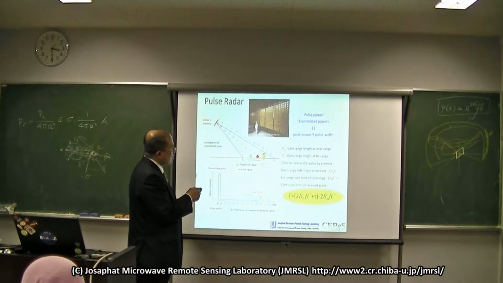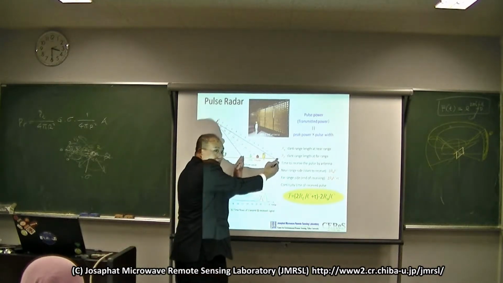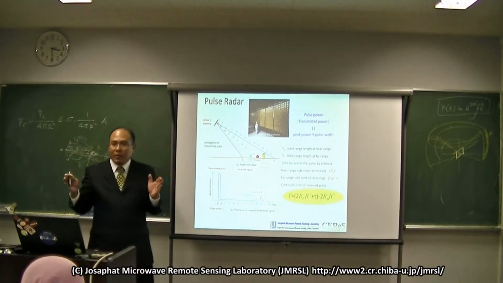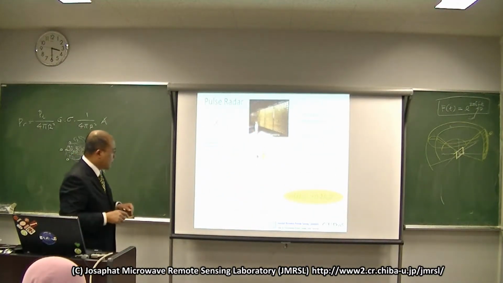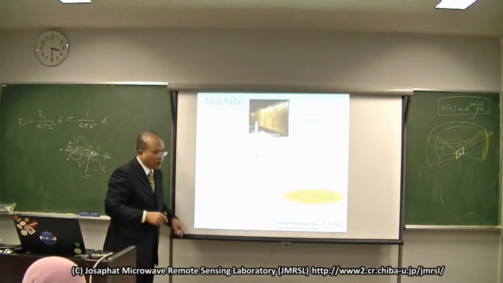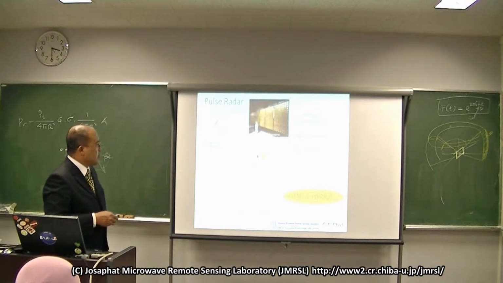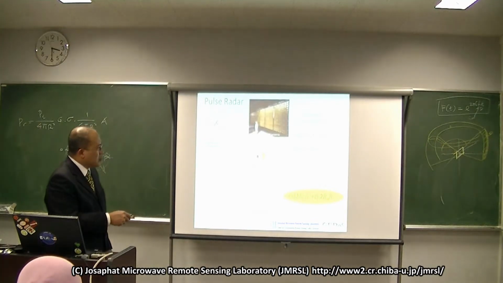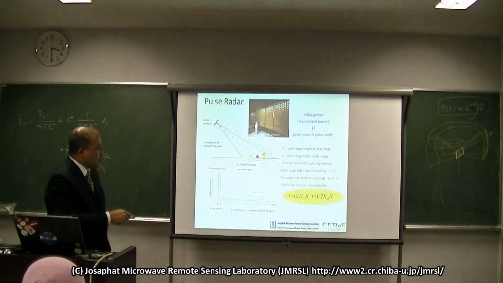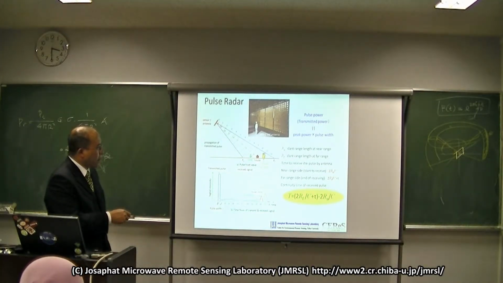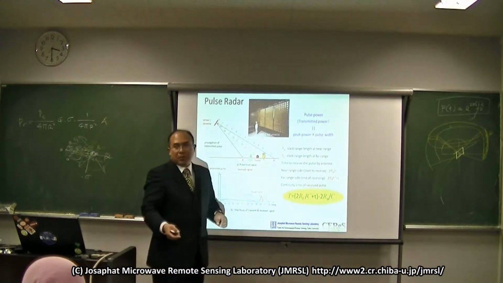Tau is to cover this area, so we need to add some tau. It also depends on what you want to define. The continued time of the receive pulse is this one minus this one, and you can find the observation time.